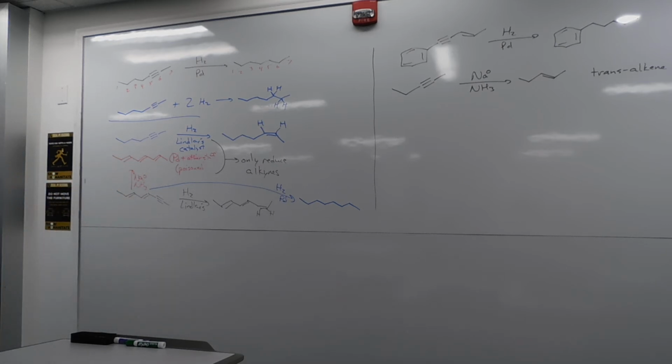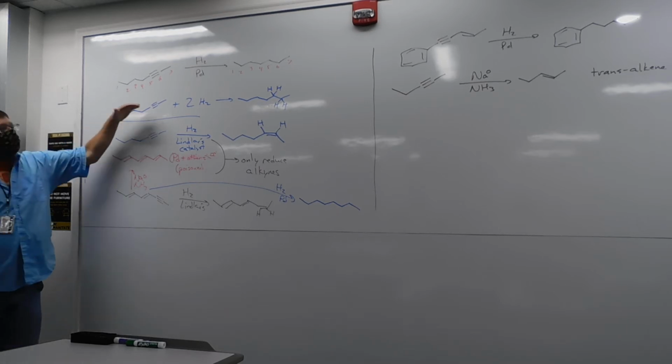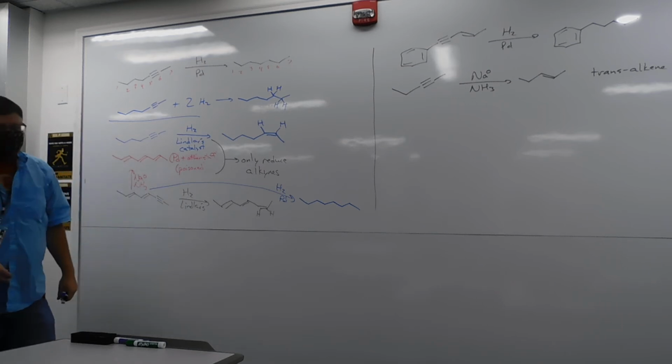Yeah. So on the PowerPoints, you said that the first reaction is concerted without Lindlar's or the sodium metal or ammonia. So it's just all of that is happening in one step. The first one, like both. Here? No. Okay, so that's a good point.